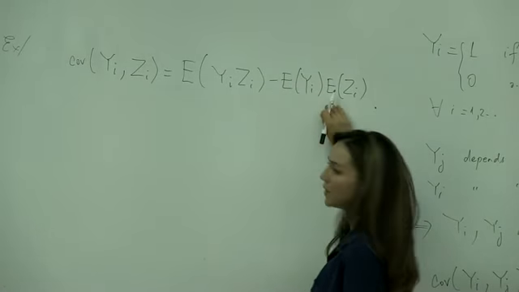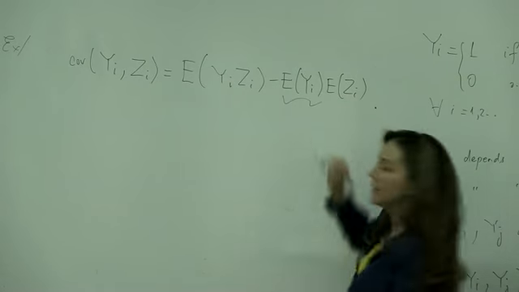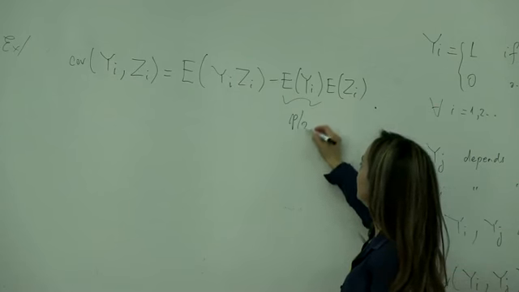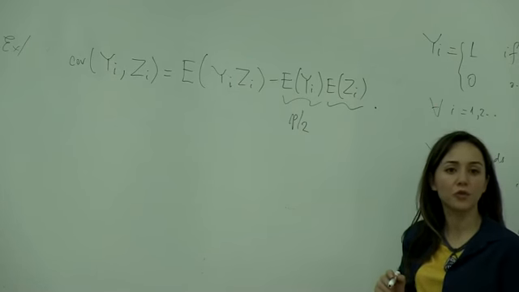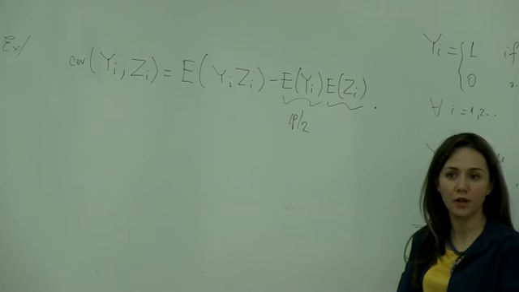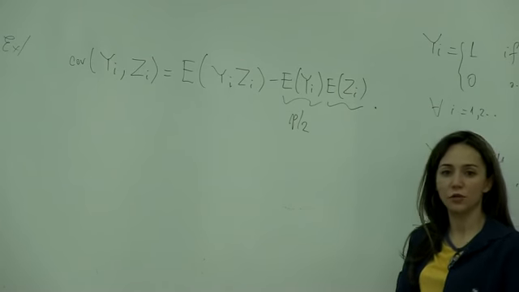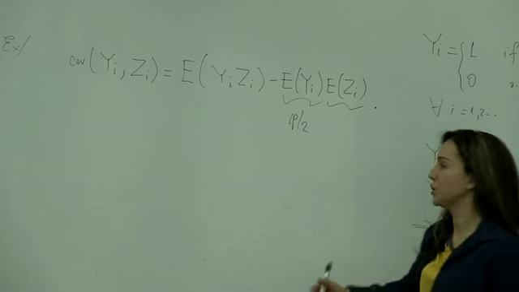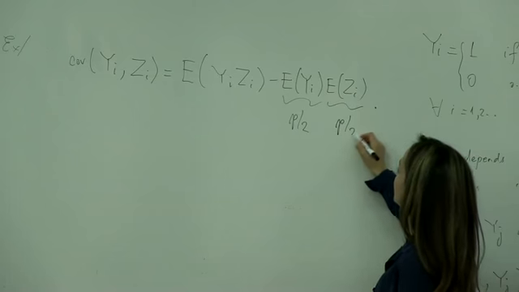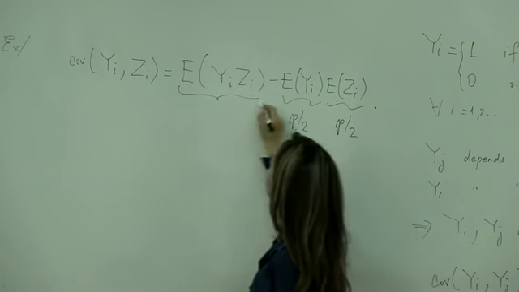This part is easy. Expectation of y_i we already computed as p over 2. Expected value of z_i is p over 2 again because the coin is fair. z_i is equal to 1 if the coin comes up tails, which is exactly symmetric to the y_i case. So we just need this one.